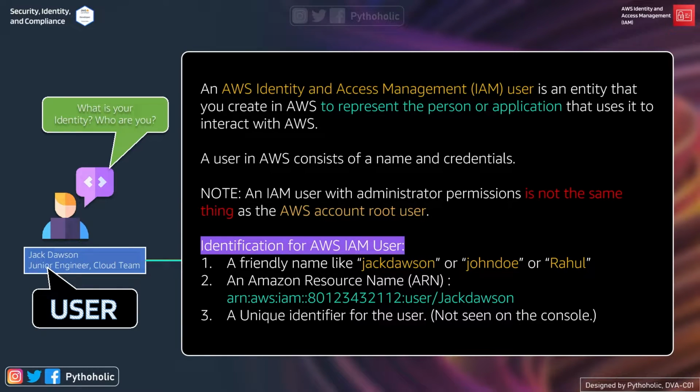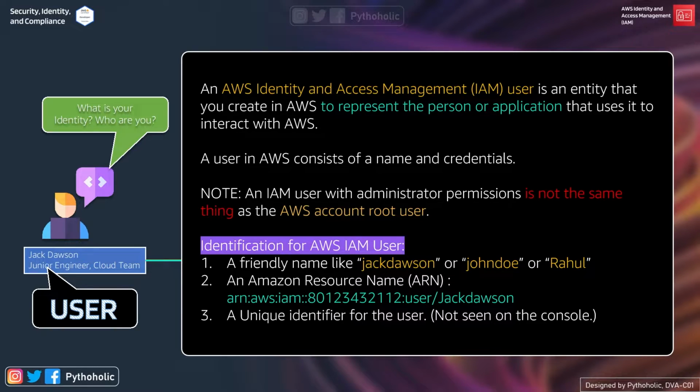An AWS Identity and Access Management user is an entity that you create in AWS to represent the person or application that uses it to interact with AWS. And a user in AWS consists of a name and credentials by which it can log into AWS. Don't worry about federated login or STS for now. Just think of a user as having a login credential.